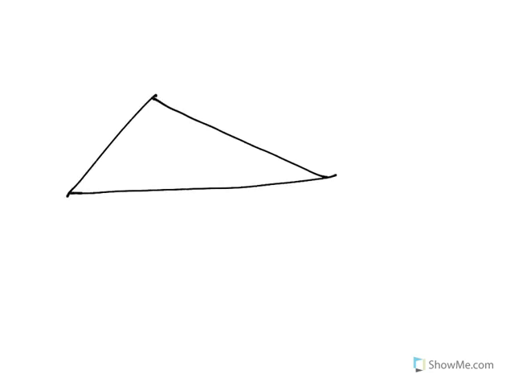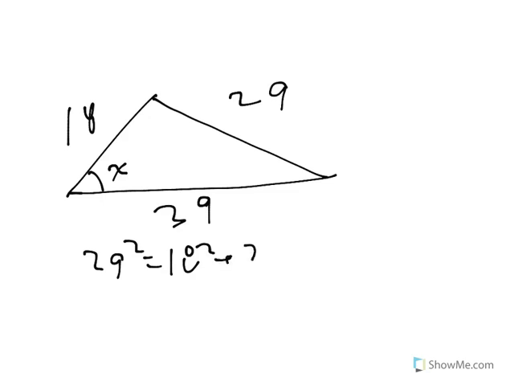One more situation is if you have just the three sides of the triangle. Now, there is only one triangle that has these three sides, and the long way of doing this question would be to use the law of cosines to work out this angle, so that I can then use the 1/2 AB sine C. If I did that, I would say 29 squared equals 18 squared plus 39 squared minus 2 times 18 times 39 times cosine x.